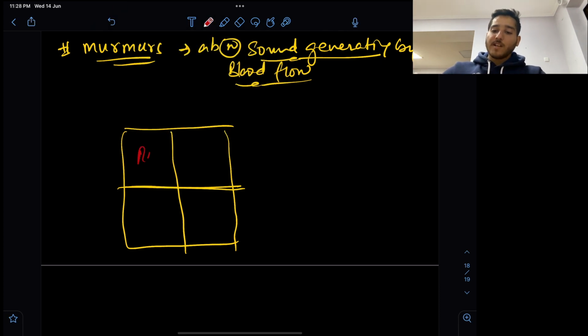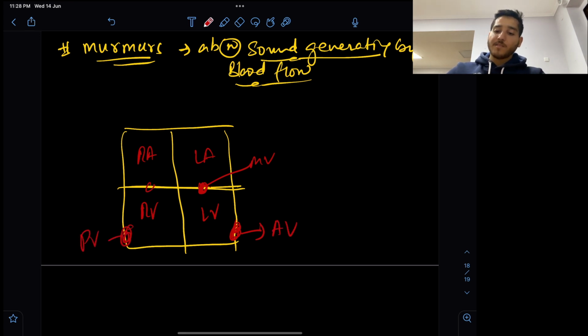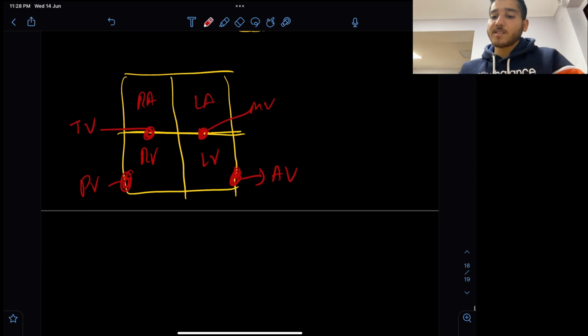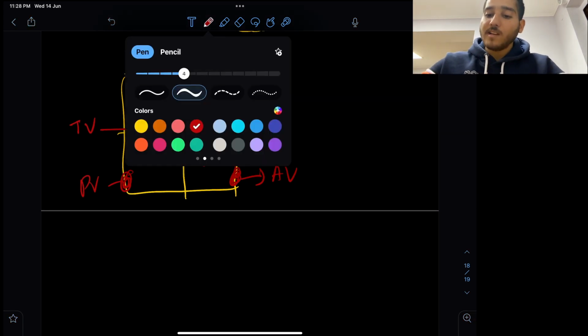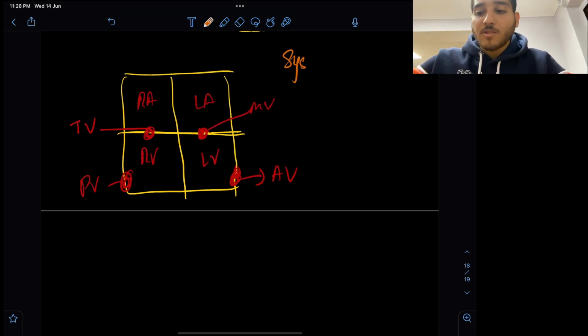So this is the right atrium, right ventricle, left atrium, left ventricle. We have the mitral valve here, the aortic valve here, the pulmonary valve here, and the tricuspid valve. These are the four main valves of the heart, right? We all know about this. So, see, systolic murmurs.